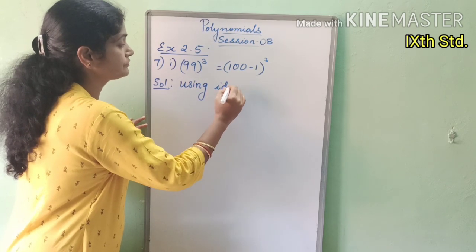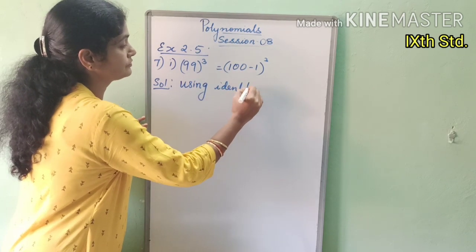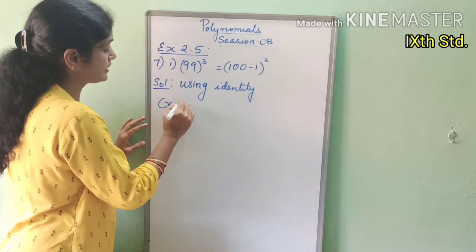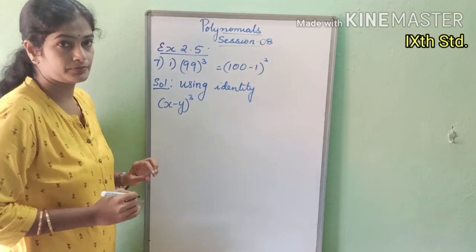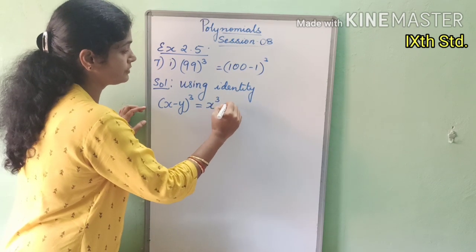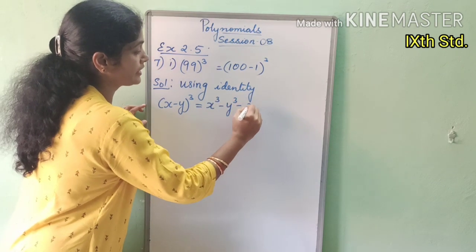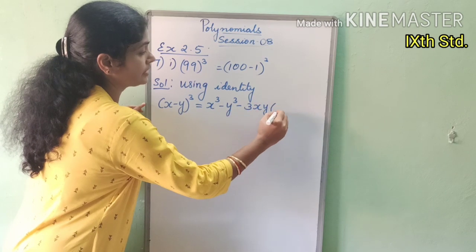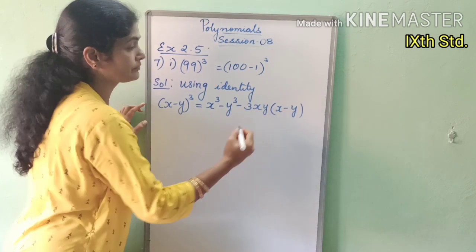The identity x minus y whole cube is equal to x cube minus y cube minus 3xy into x minus y. Right?